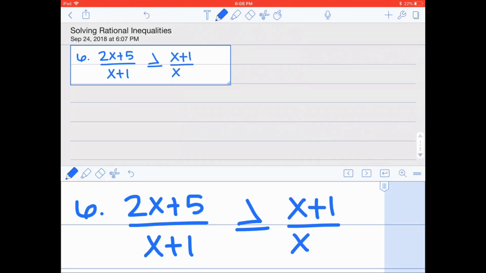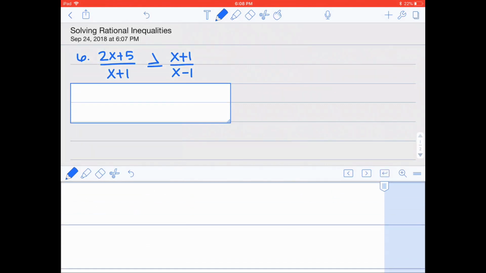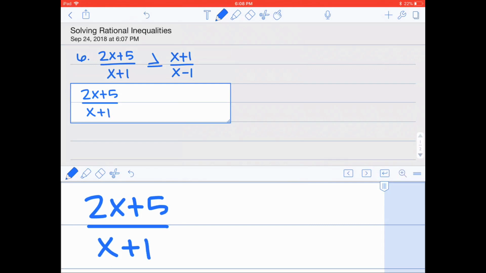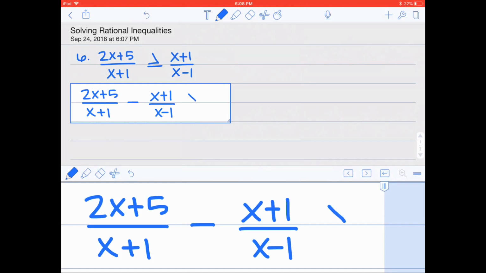It doesn't matter which side, but in all the other problems we had been subtracting things over and moving them all to the left side, so I'm going to do that. So I'm going to have (2x plus 5) over (x plus 1), and I'm going to subtract (x plus 1) over (x minus 1), and that is greater than or equal to 0.